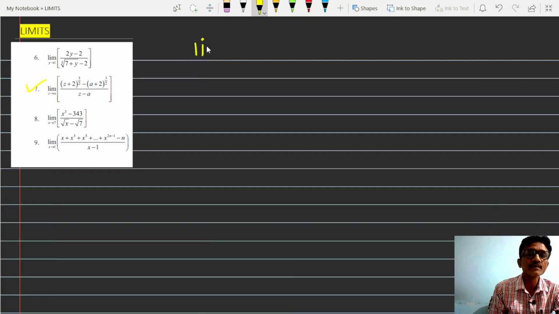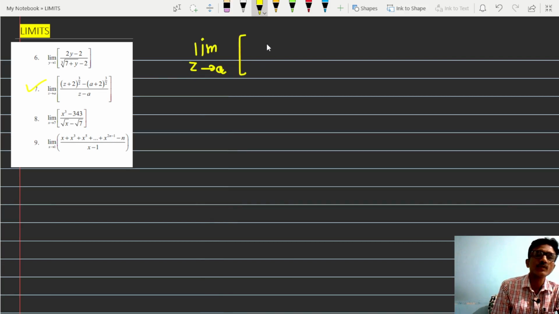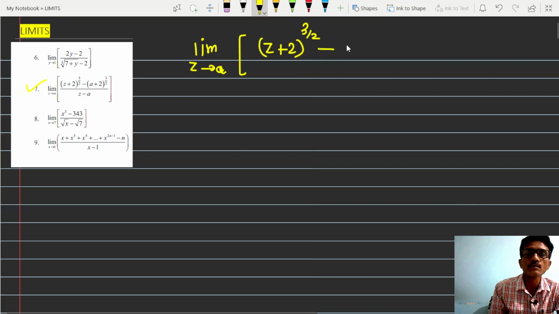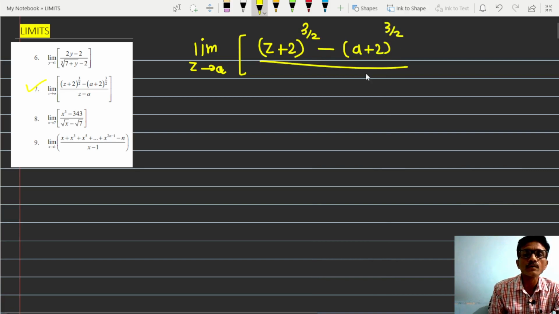Limit z tends to a of (z plus 2) raised to power 3 by 2 minus (a plus 2) raised to power 3 by 2, upon z minus a.